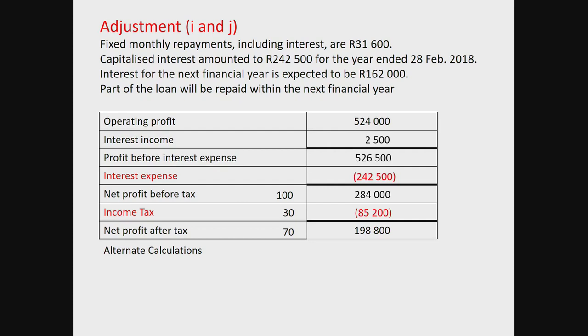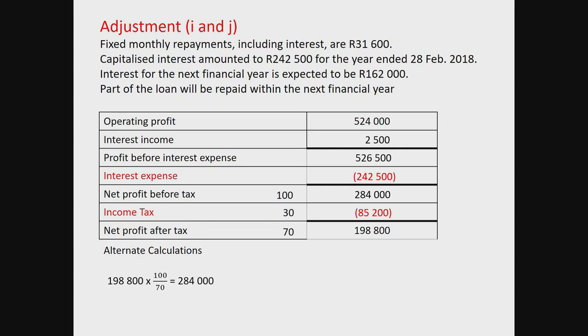Then what I have there is alternate calculations. Because they gave us the 198,800, I could have calculated the 284,000 by doing 198,800 times 100 divided by 70. So why is it 70? Because they tell me that the income tax amount is 30. So if I take the 100 minus the 30, I will get the 70.